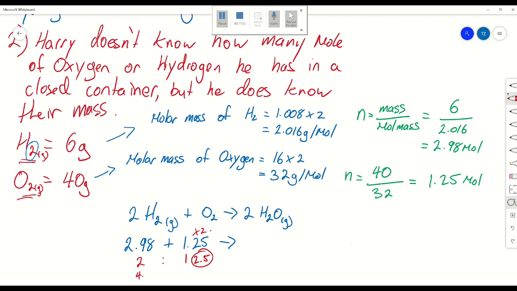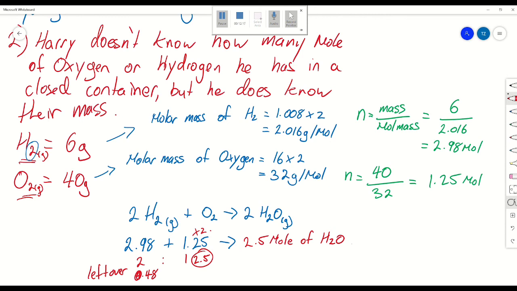So I'm going to have a leftover of 0.48 at the end. This is my leftover. So that means that my maximum number of water that I can make will actually end up being 2.5 mole of H2O.